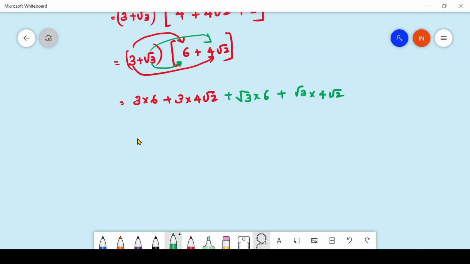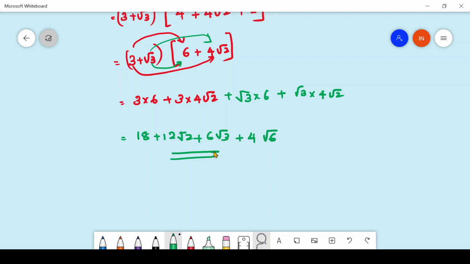You can see here 3 sixes are 18 plus 3 fours are 12, so plus 12 root 2, and here plus 6 root 3, and here 4 into root 3 into root 2 is plus 4 root 6, right? So this is the answer you will get when you simplify this.